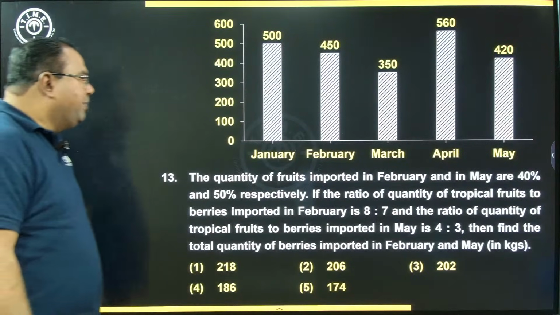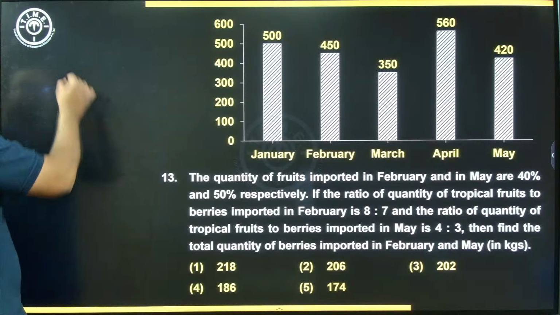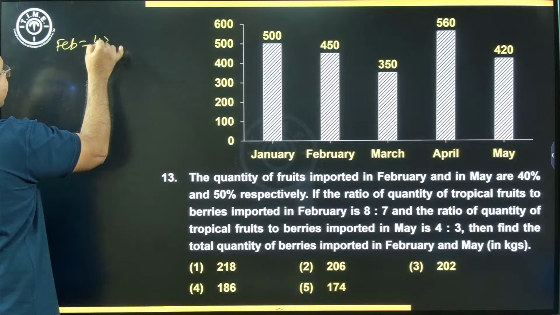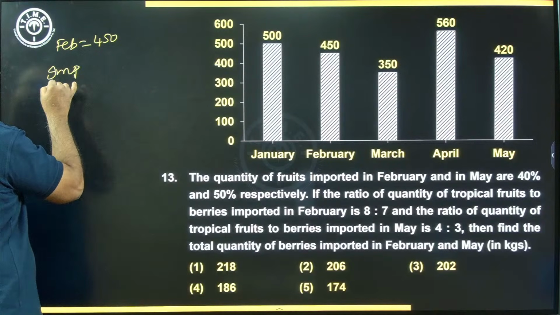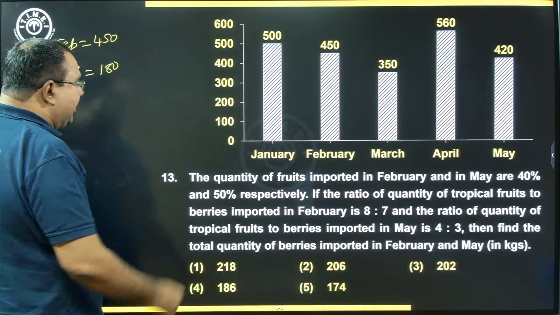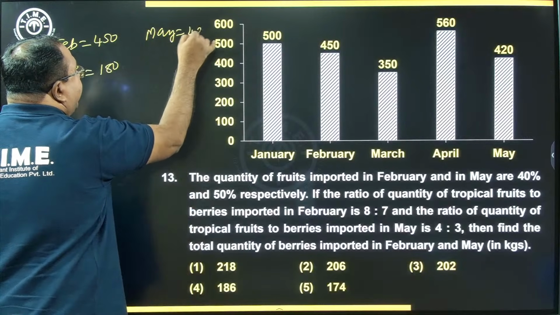Quantity of fruits imported in February and May are 40% and 50%. February, total is 450. Imported 40%: 10% of 450 is 45, so 40% will be 180. And in the month of May, total of May is 420.